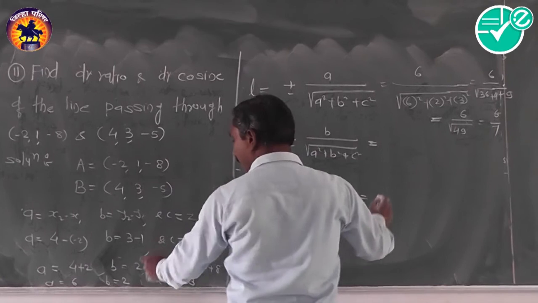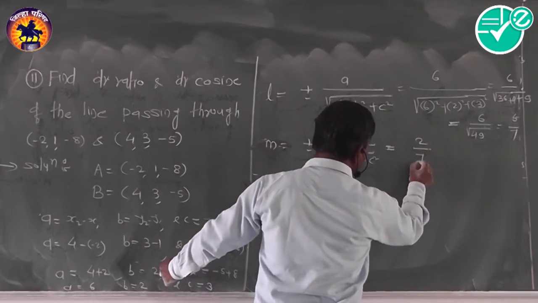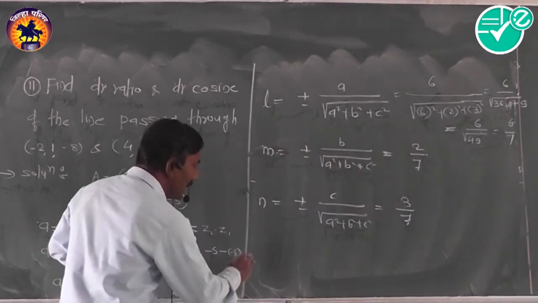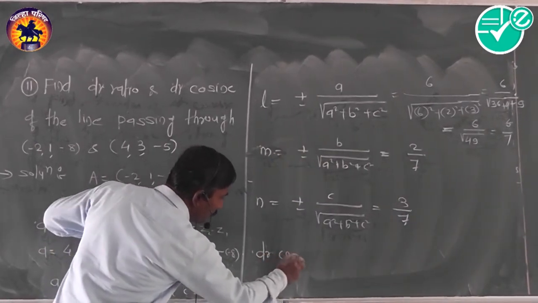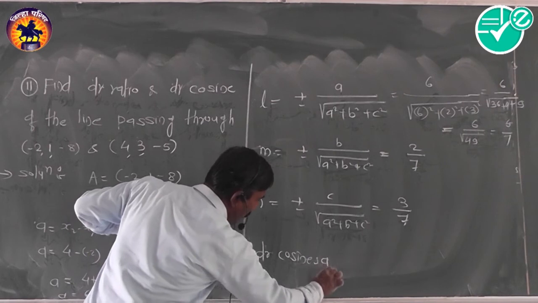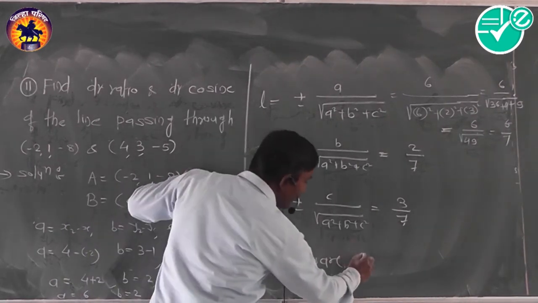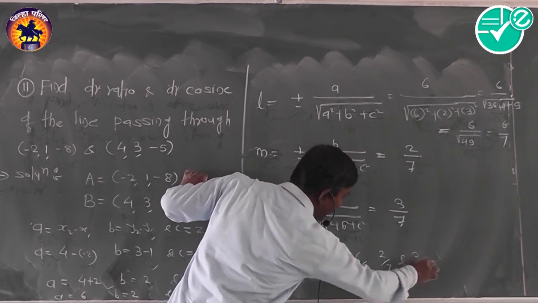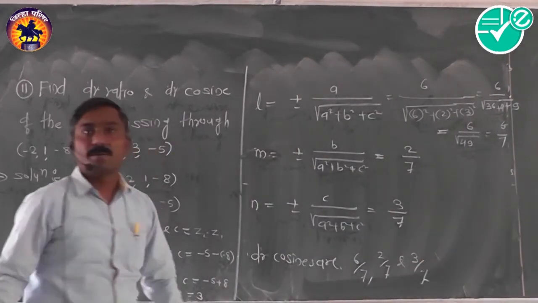So here 2 divided by 7, and here 3 divided by 7. And lastly, the direction cosines are 6 divided by 7, 2 divided by 7, and 3 divided by 7.